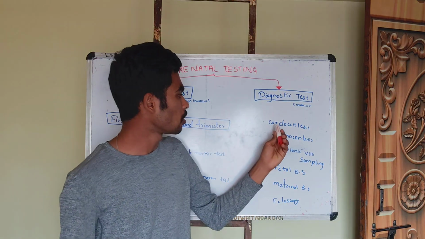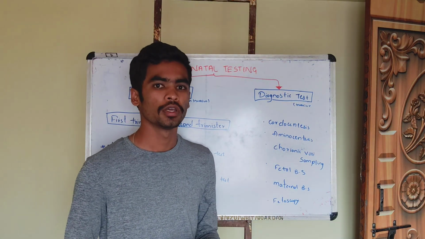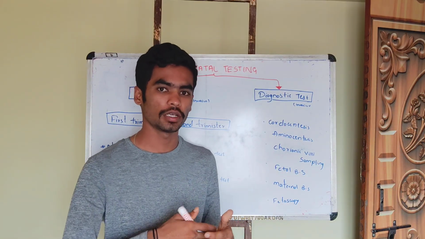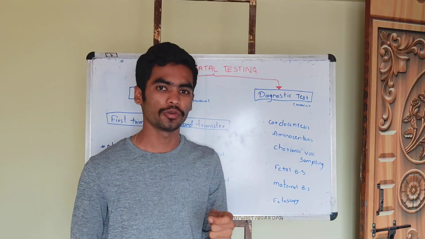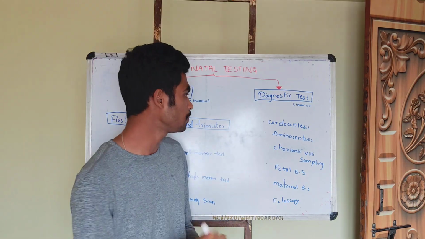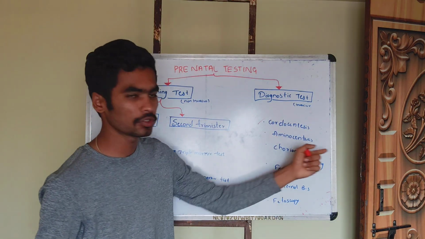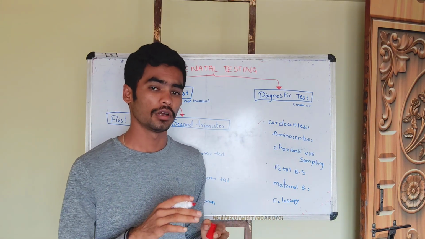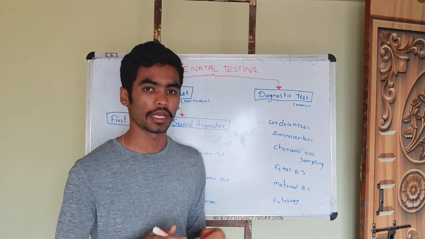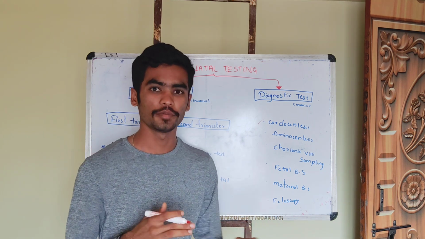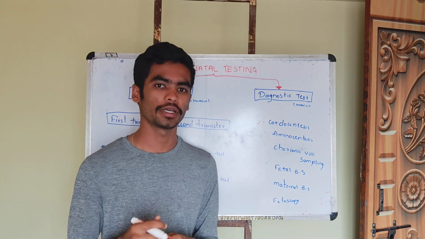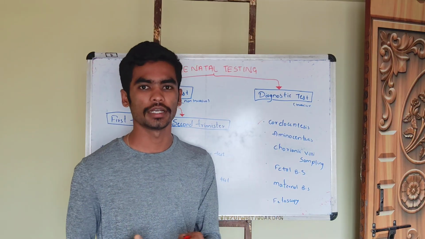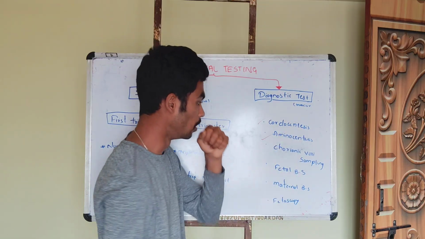That is cordocentesis, where a blood sample is collected from the cord and sent for laboratory investigation, and genetic abnormalities are identified. Then amniocentesis, where around 10 to 15 ml of amniotic fluid is collected from the mother and sent for laboratory investigation, through which you can easily identify genetic abnormalities.